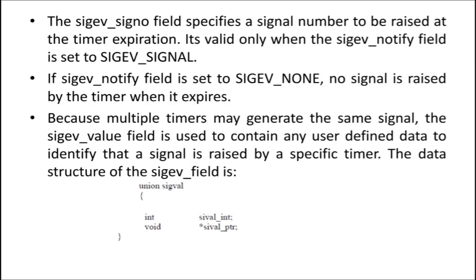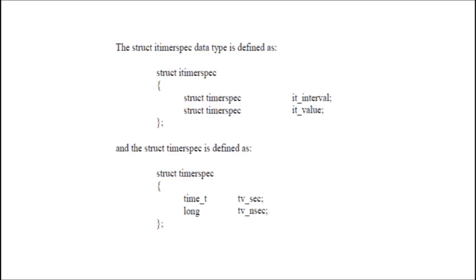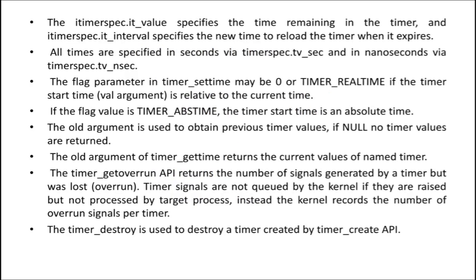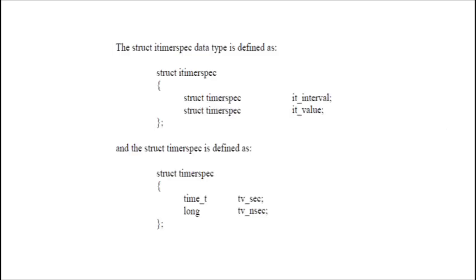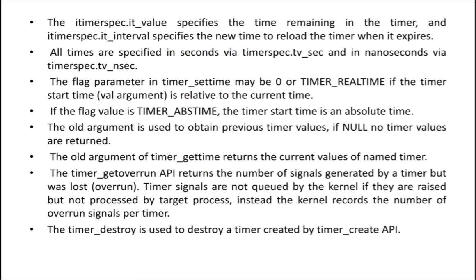This struct timer spec data type contains two values. The timer spec value specifies the time remaining in the timer. So this one is going to tell the remaining time, how many seconds or nanoseconds remain, right?